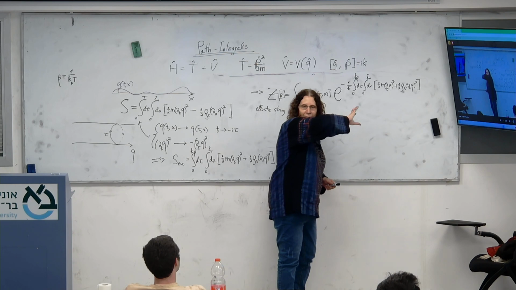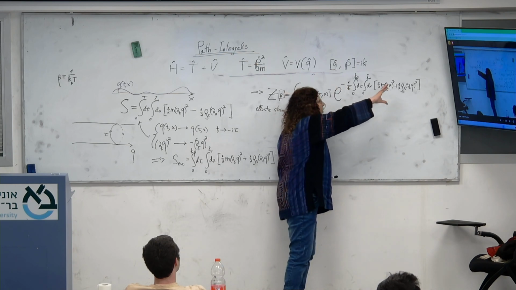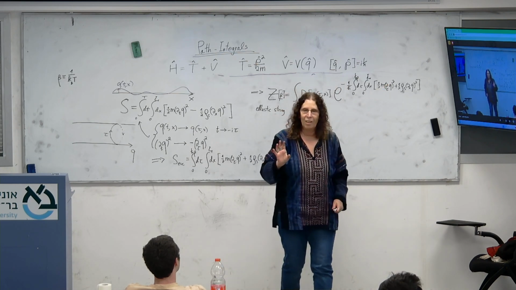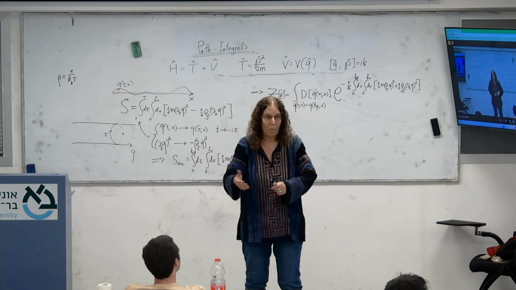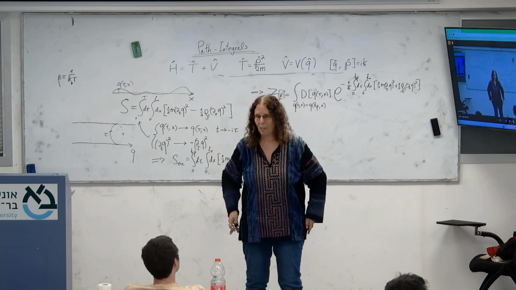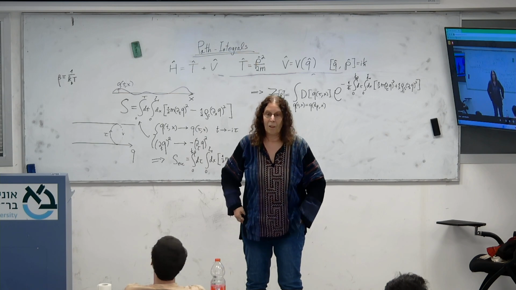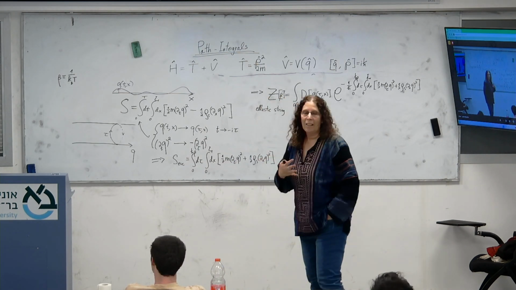So what you get here is just a multi-dimensional Gaussian integral, which is essentially a problem you probably solved already in statistical physics, right? So you've already seen it.